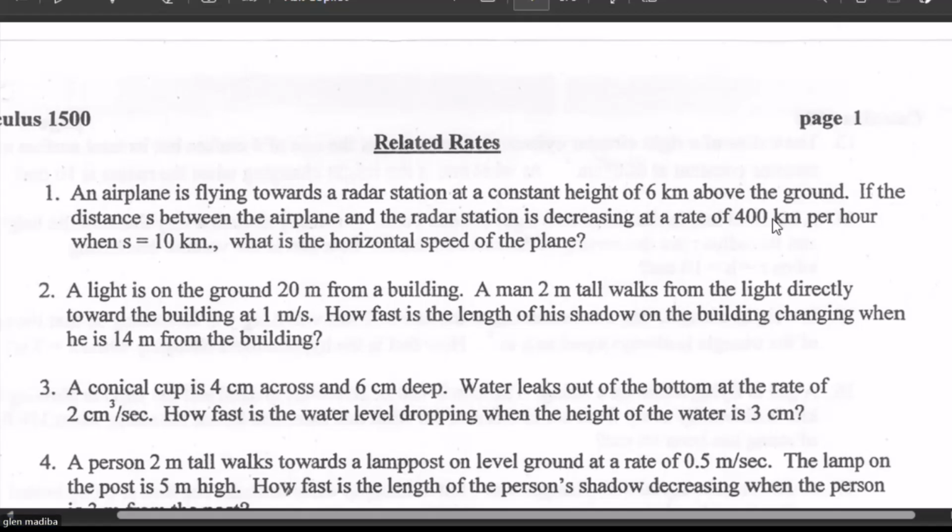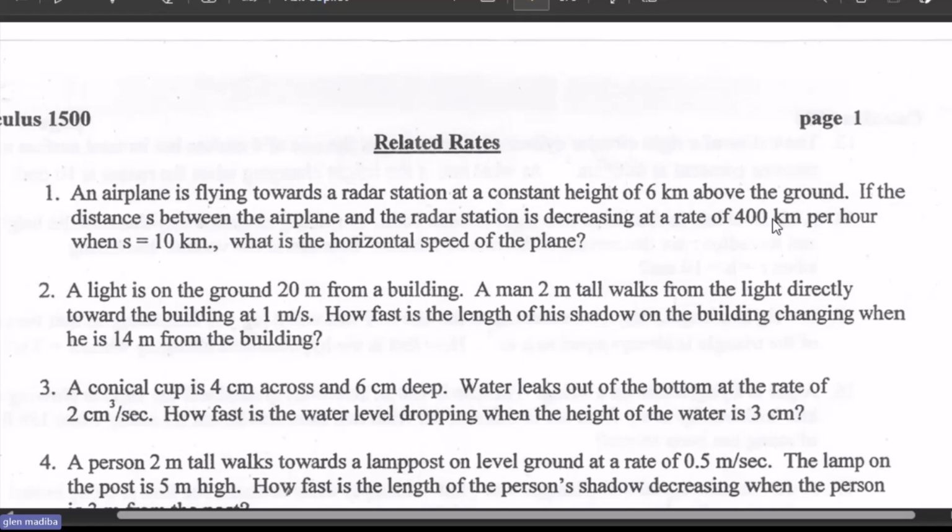Now, if the distance S between the airplane and the radar station is decreasing at a rate of 400 kilometers per hour, what is 400 kilometers per hour? That distance is getting shorter, as the time is getting shorter for this plane to approach the radar station.